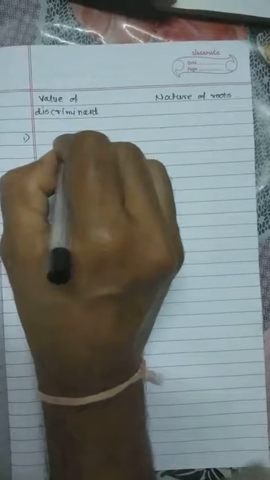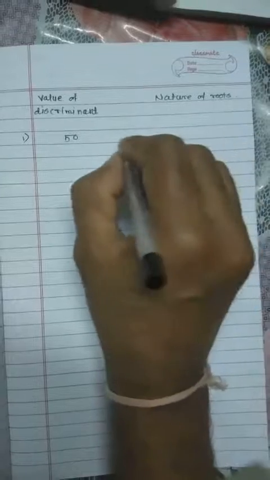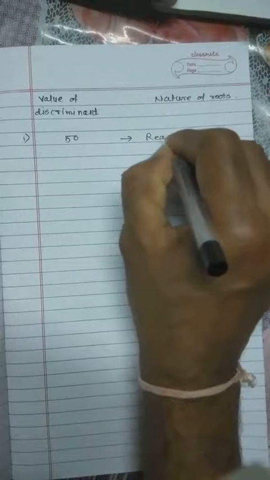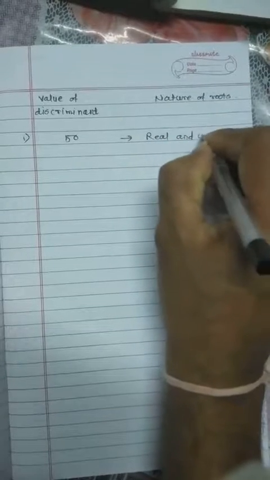Nature of roots. So the first value is 50 and the nature of root is real and unequal, meaning the discriminant, which is denoted by delta, is equal to b square minus 4ac.